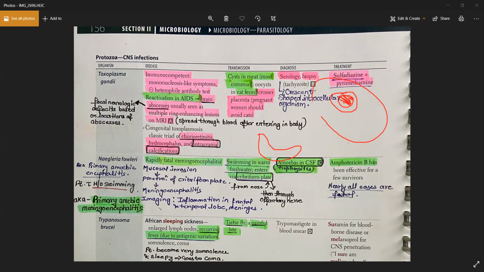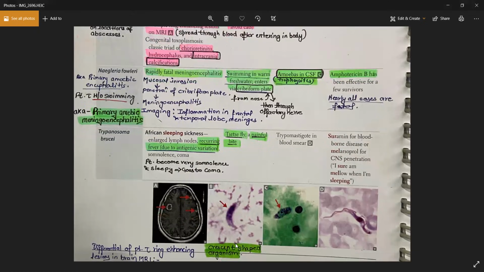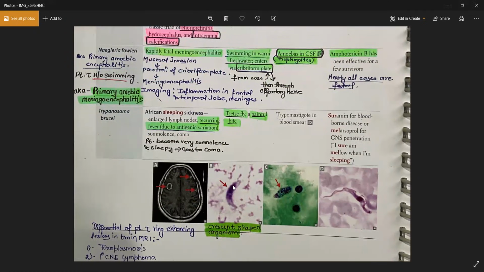So in case of congenital toxoplasmosis, when you do the placental biopsy, what you will find are crescent shaped intracellular organisms, and this would be Toxoplasma gondii. Very important. Let me show you. If the FA has a diagram. Yeah, that's it. This is a crescent shape organism.